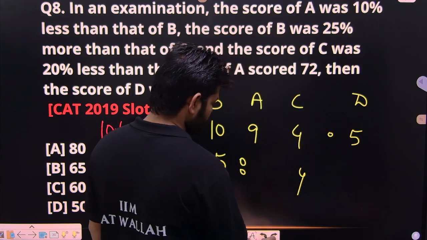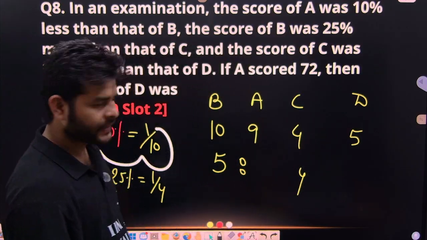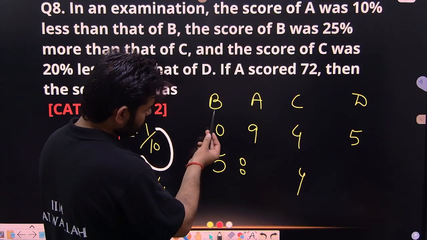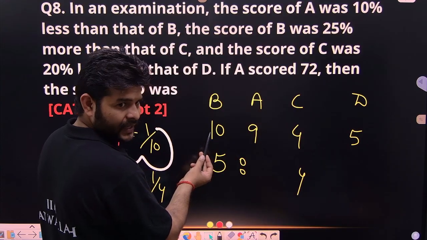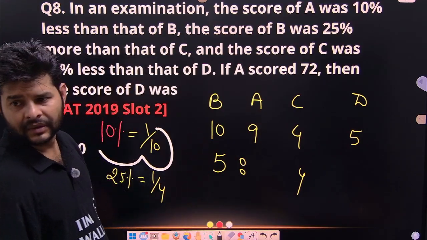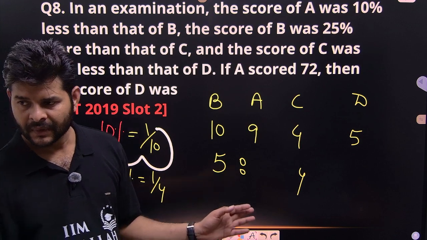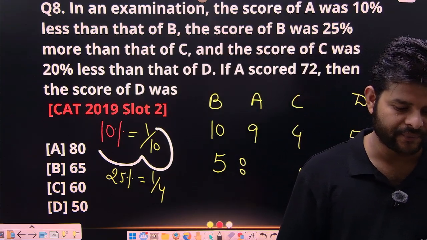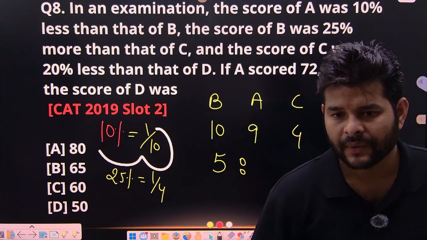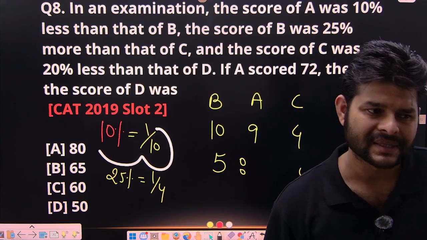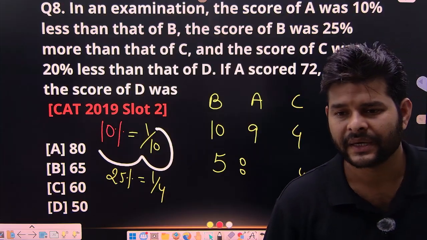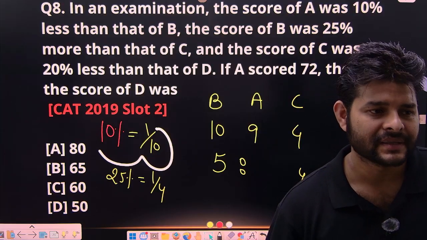Now guys, you need to take the ratio. How do we take the ratio? Over here, B is 10 in one place and 5 in the other. Sorry, 10. I am a single person and I say my age is 25 years. I am 25 years old in this class. After half an hour or 1 hour, I go into some other class and I say my age is 28.